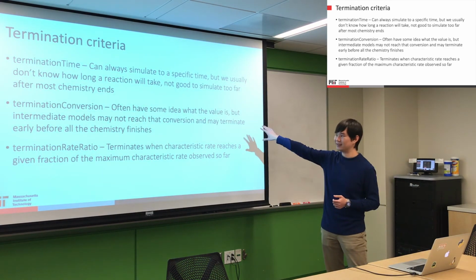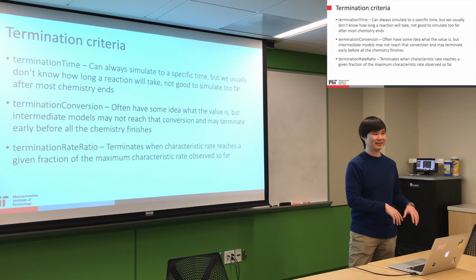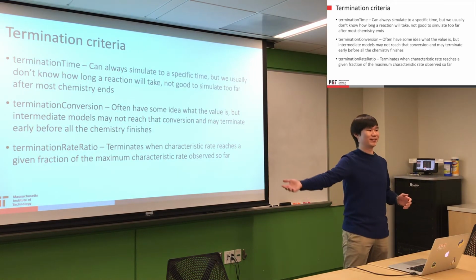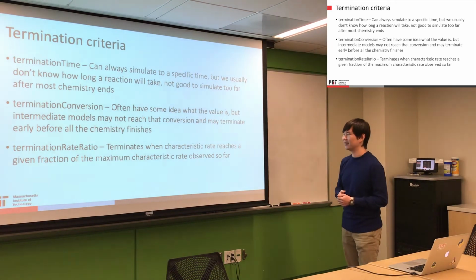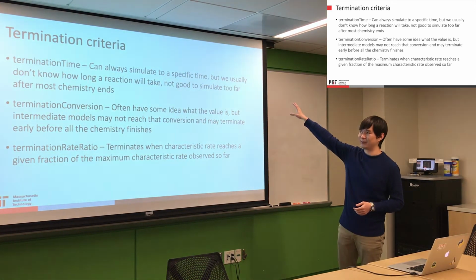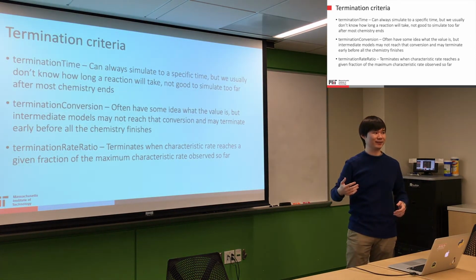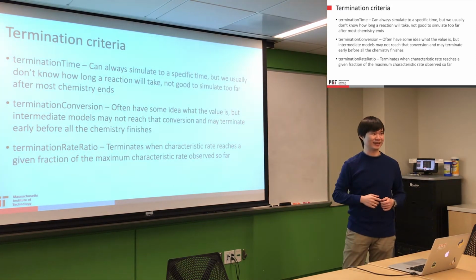So if you were to only set termination conversion and you don't have enough reactions to react your species, then the reactor simulation will just continue on forever because you're never going to consume your initial reactant. So if you're setting termination conversion, it's certainly a good idea to also set a termination time, even if the termination time is maybe a slight overestimate, so that you're guaranteed to not be constantly simulating your reactor.